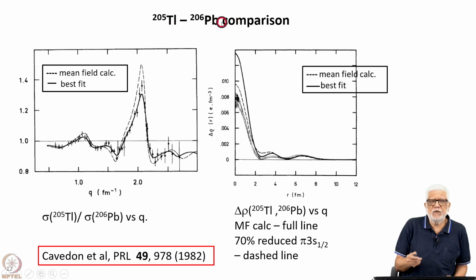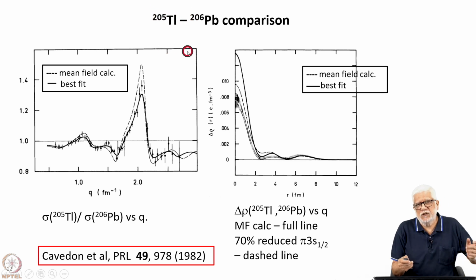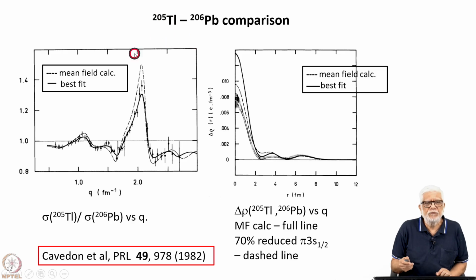Each of them has 124 neutrons. So, thallium 205 has 124 neutrons and 81 protons, whereas lead 206 has 124 neutrons but 82 protons. So there is just a difference of 1 proton between the two.